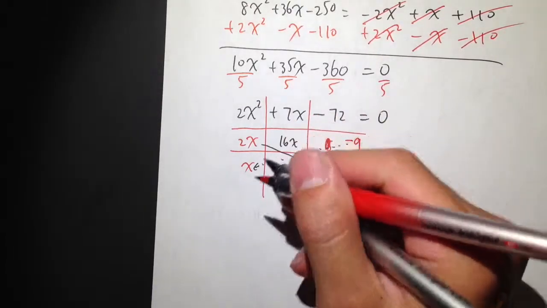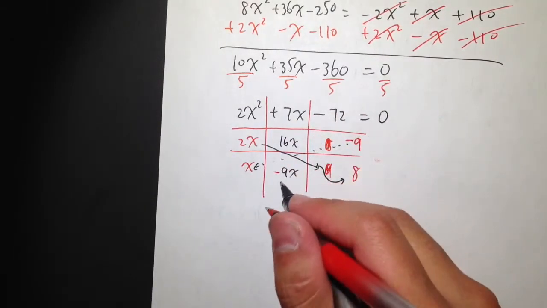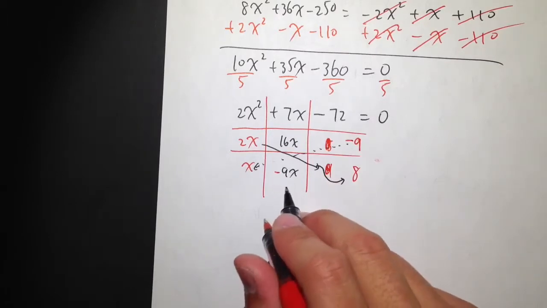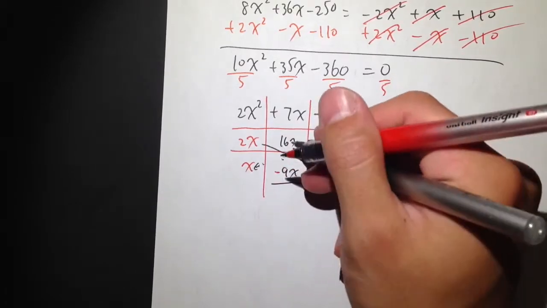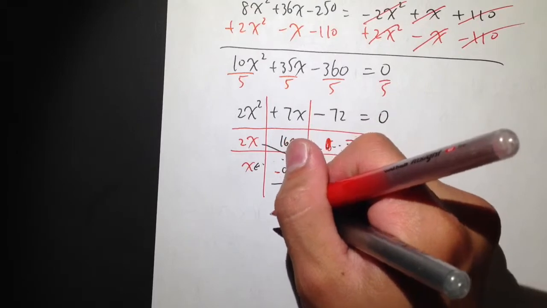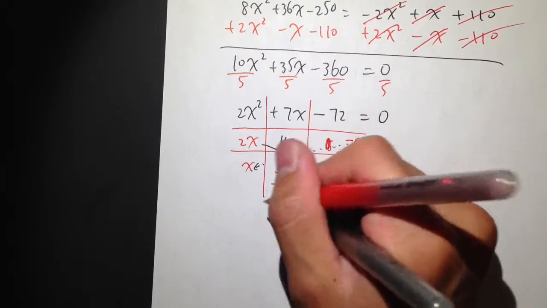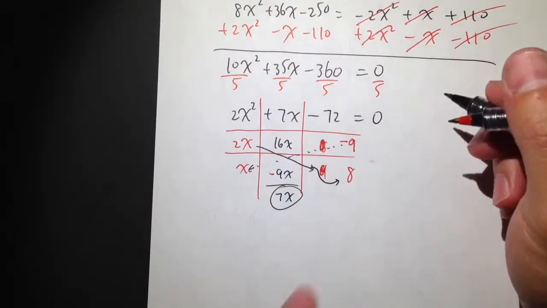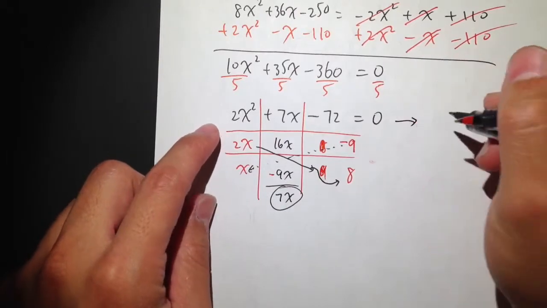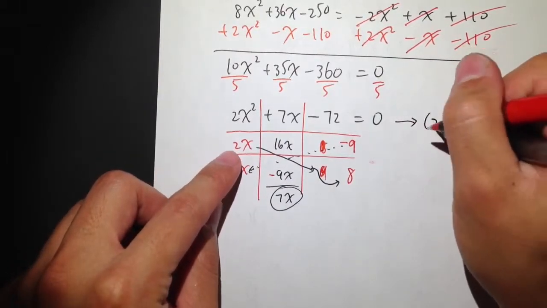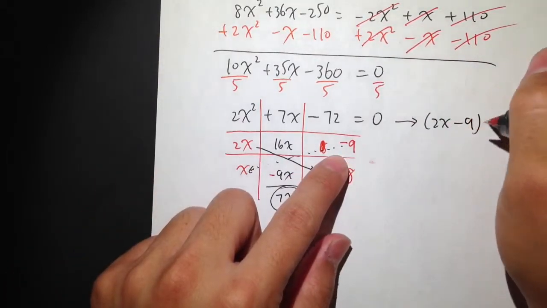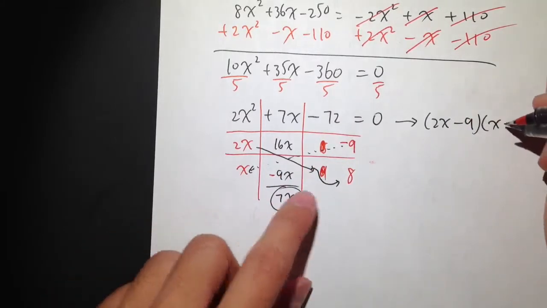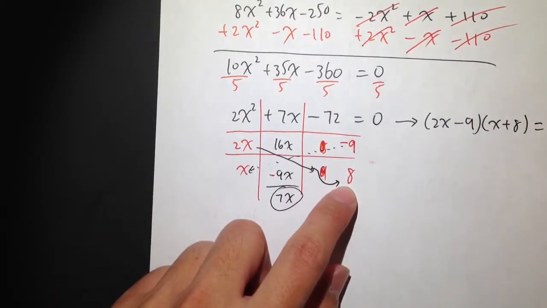So then, negative 9 times x, that's how we can have the negative 9x. Combine like terms here, we do get what we want, the 7x. With this, we can read out the answer for the factors. I will have 2x minus 9, and then x plus 8 equals to 0.